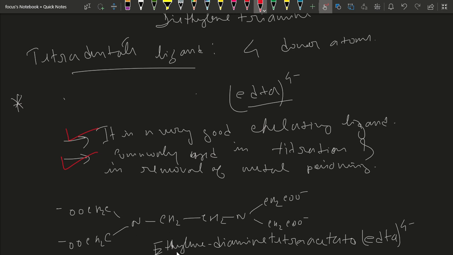The full name is ethylene diamine tetraacetate. O is added here because it is a ligand. As we all know that in coordination compounds, a ligand's name ends with O. 1, 2, 3, 4, 5, 6. It has 6 donor centers, so that's why it is a hexadentate ligand.